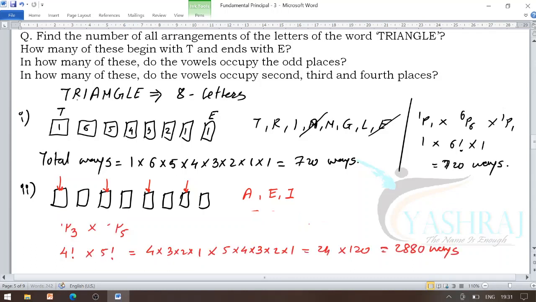That means there are 2880 different 6-letter words that can be formed by using the letters in the word triangle, where vowels occupy the odd places.